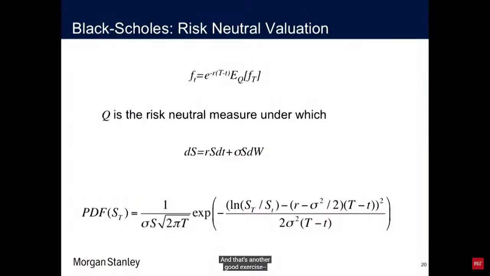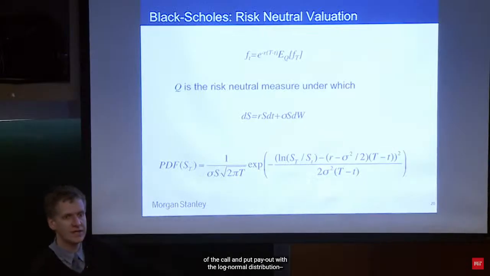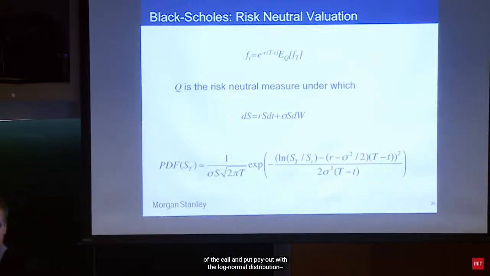And that's another good exercise, and I would accept it as a final paper: deriving the Black-Scholes formula just by taking the expected value of the call and put payout with the log normal terminal distribution.